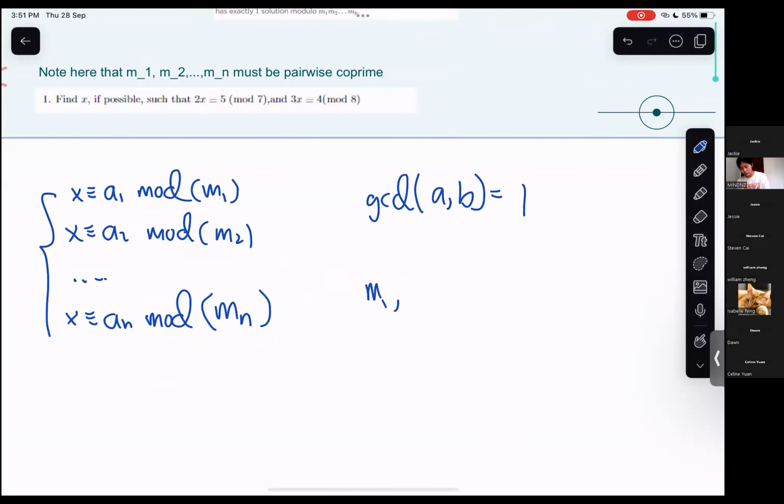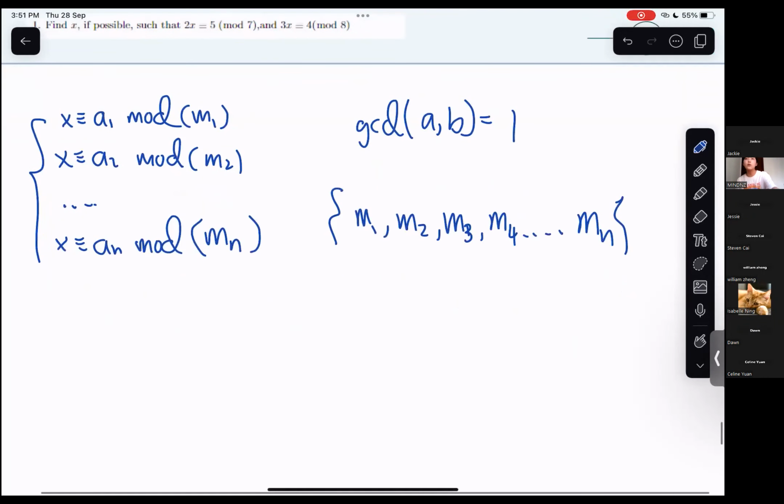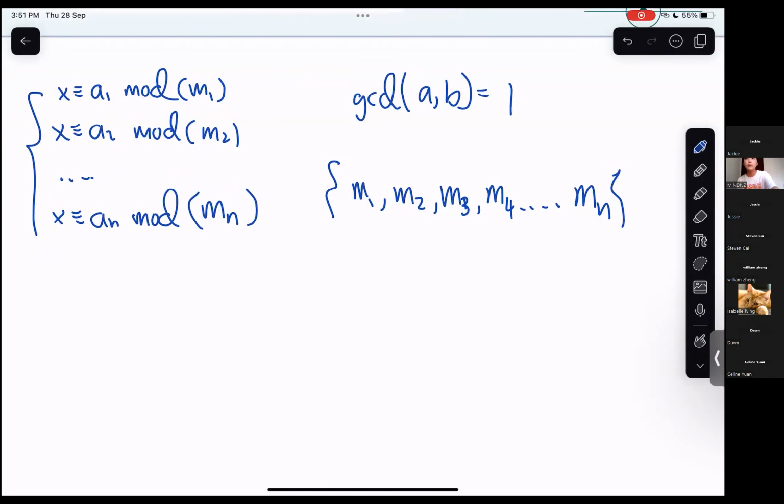So we have a group of numbers m1, m2, m3, m4, all the way until mn, right? This set of numbers. Well, pairwise coprime means that we pick any 2 numbers from this set randomly. It doesn't matter which ones we pick. Say we picked m6 and m4.